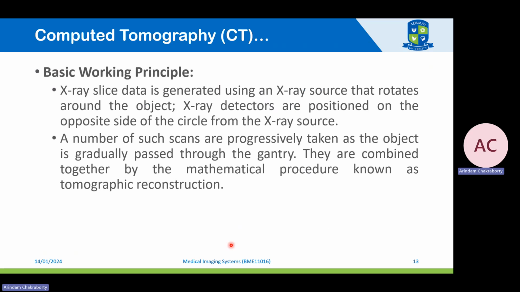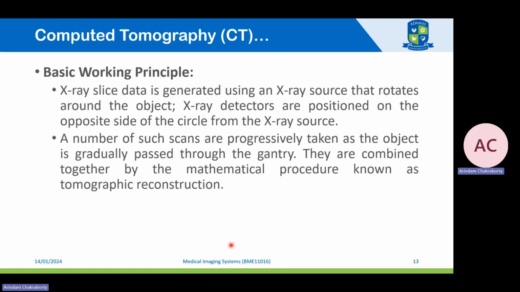Now to talk briefly about the basic working principle, X-rays are basically used to slice an object to generate a 2D cross section of that particular object to represent its internal structures. In computed tomography, narrow beams of X-rays are aimed at a patient and quickly rotated around that patient, producing signals that are processed by the machine's computer.